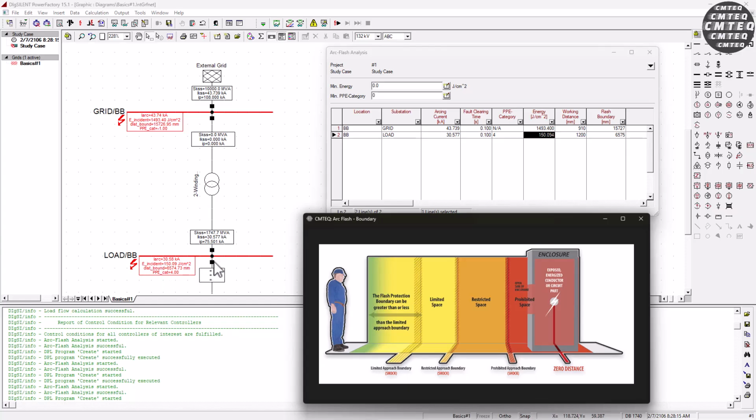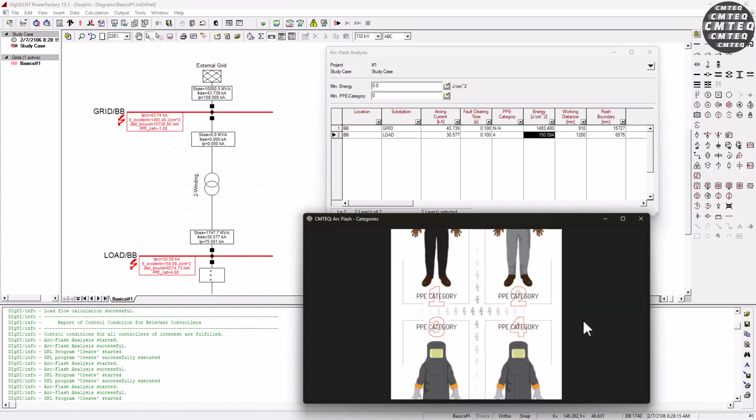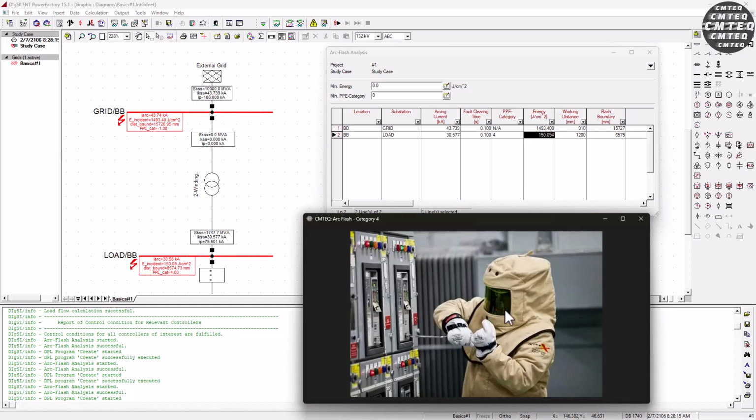And for the 33 kilovolts, we got 6 meters, which is typically for indoor substations where you are not required to go closer unless you've got a PPE category 4 suit rated. Great stuff.